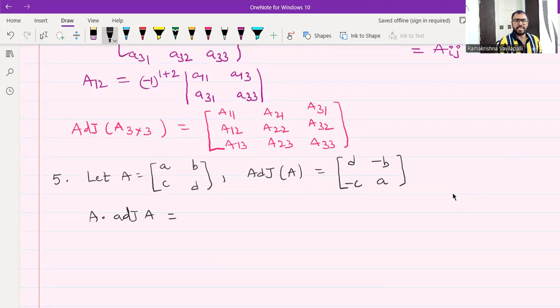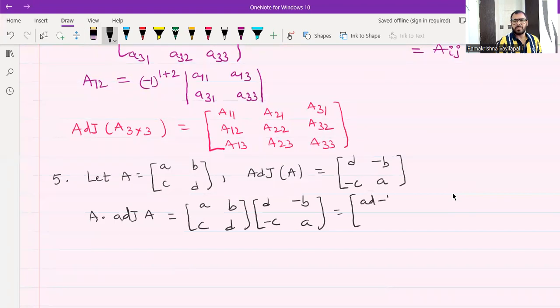We have to multiply these two matrices: A, B, C, D into D, minus B, minus C, A. This gives AD minus BC, and here AD minus BC. Minus AB plus AB, 0.